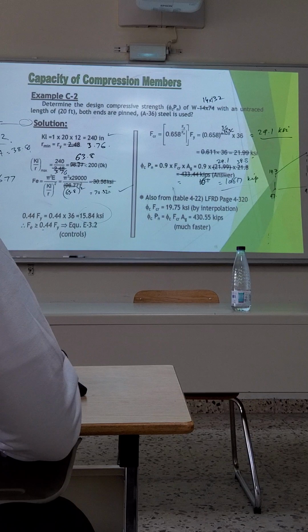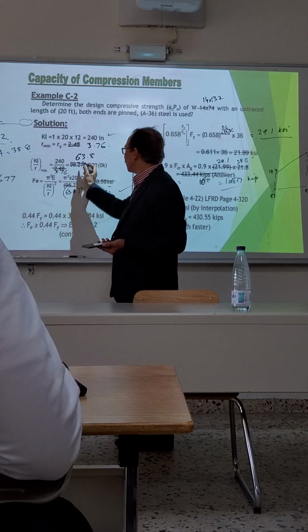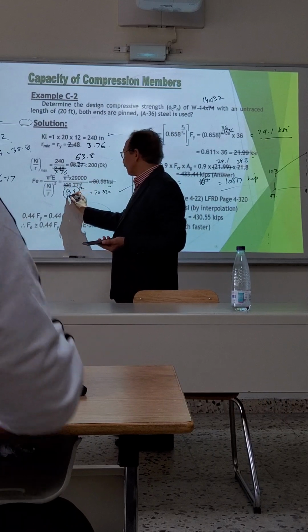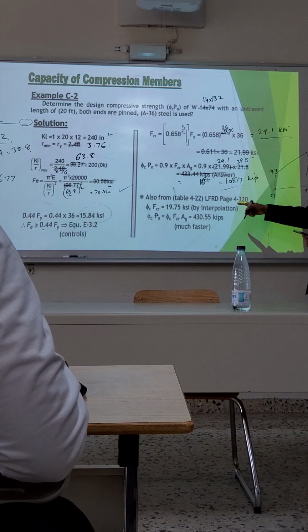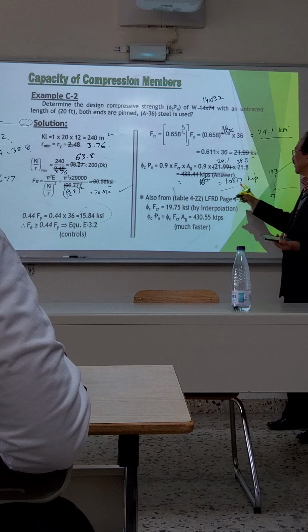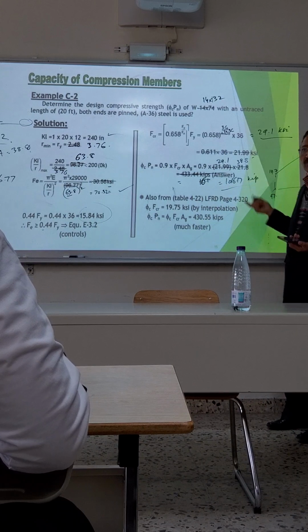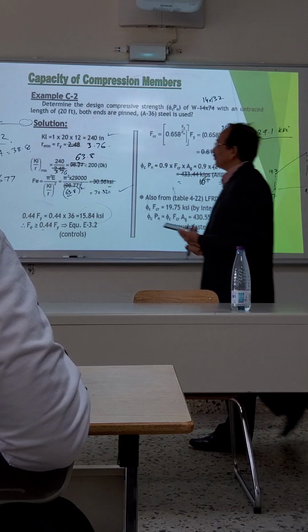So you see here, just by reducing this value, the slenderness ratio is less. It's reduced from here. Earlier the strength was 433 kilopounds, now you are able to take more load on that column. So that is one important point.